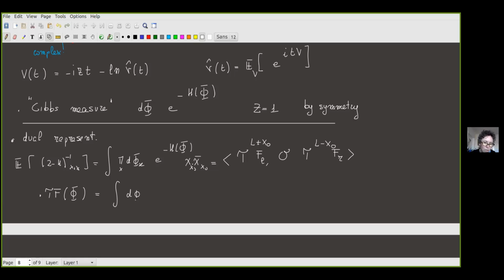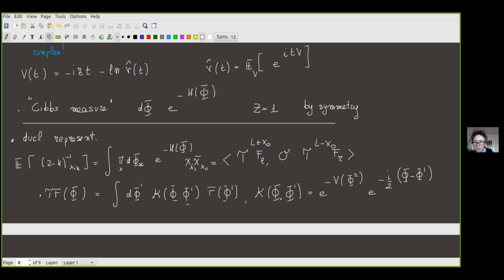So we have the integral over C prime, a certain kernel, F of C prime, and the kernel is, okay, nothing is real as it's not going to be self-adjoint, so I don't need to symmetrize. It's easier to write it in this way. E minus i over 2 phi minus phi prime squared. So this is our operator.